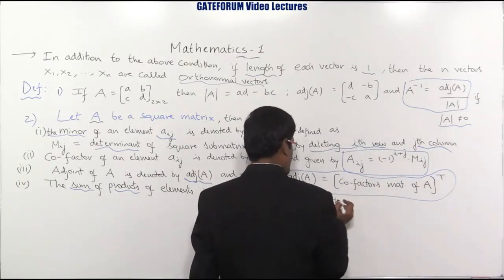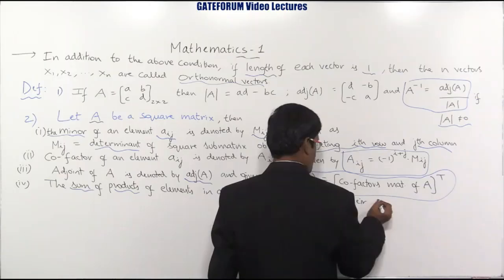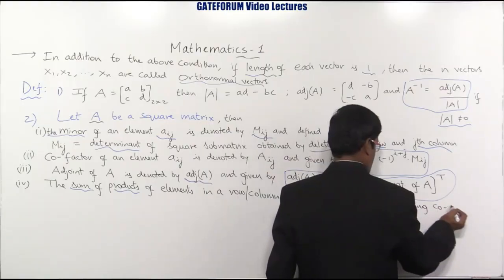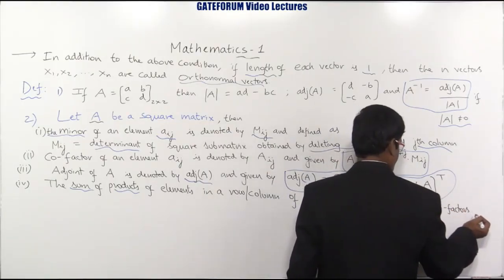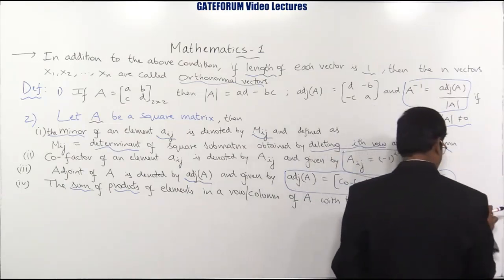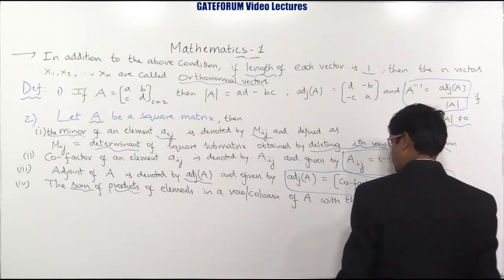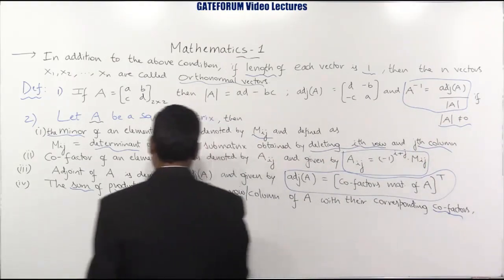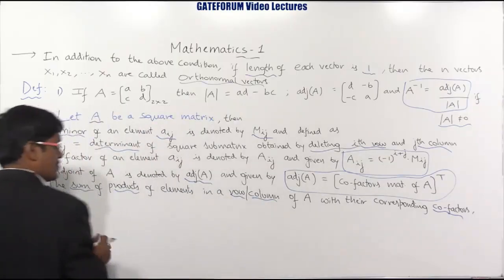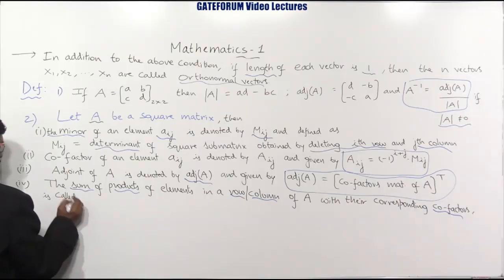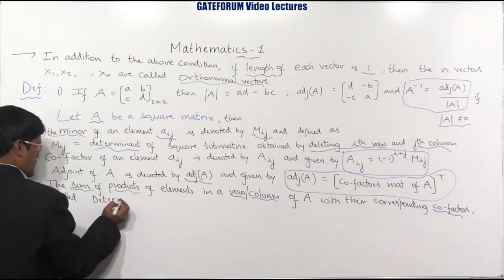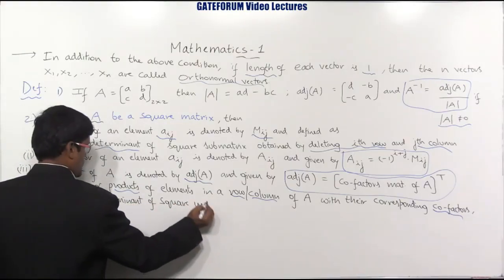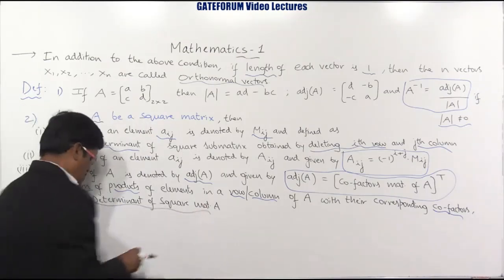With their corresponding cofactors is called determinant of square matrix A. So you know how to find cofactors.